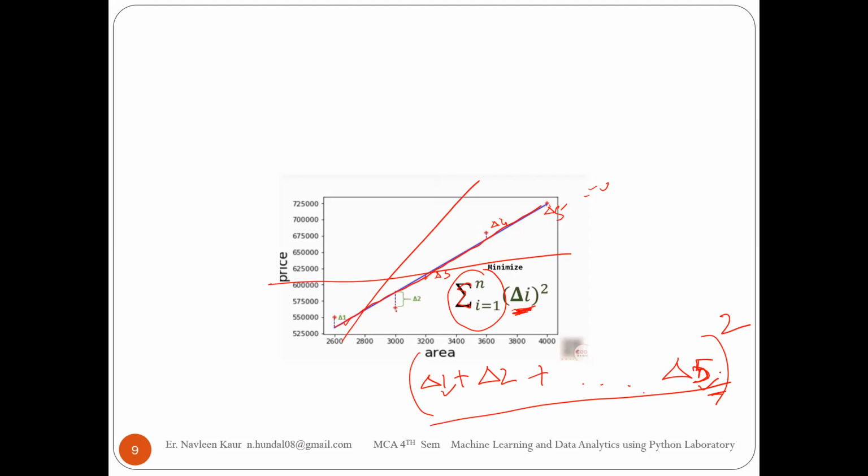Our motive is that when we do the distance sum and then square, the final output should be minimum. So our main motive is to minimize that overall value. For this line, this value will be minimum compared with the other lines. If it is the minimum for a line, it means that line is the best one. And for a linear line, it will be minimum as compared to other lines.